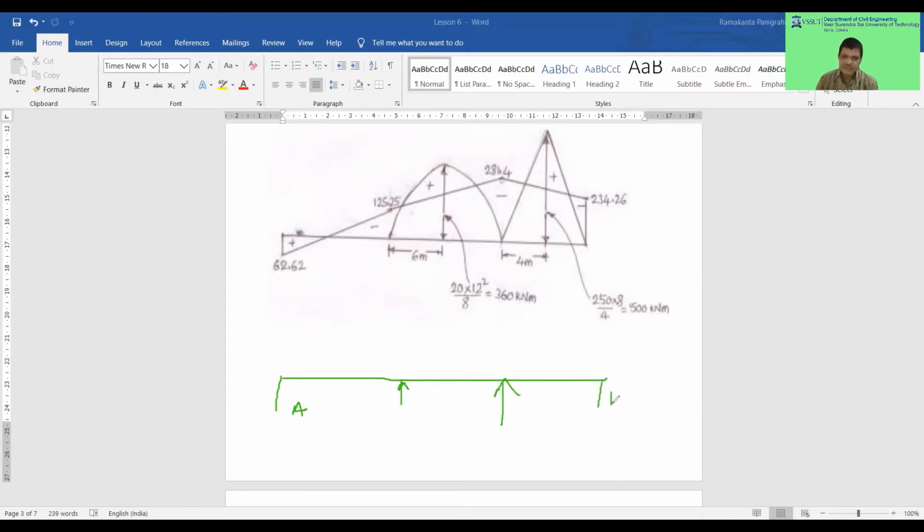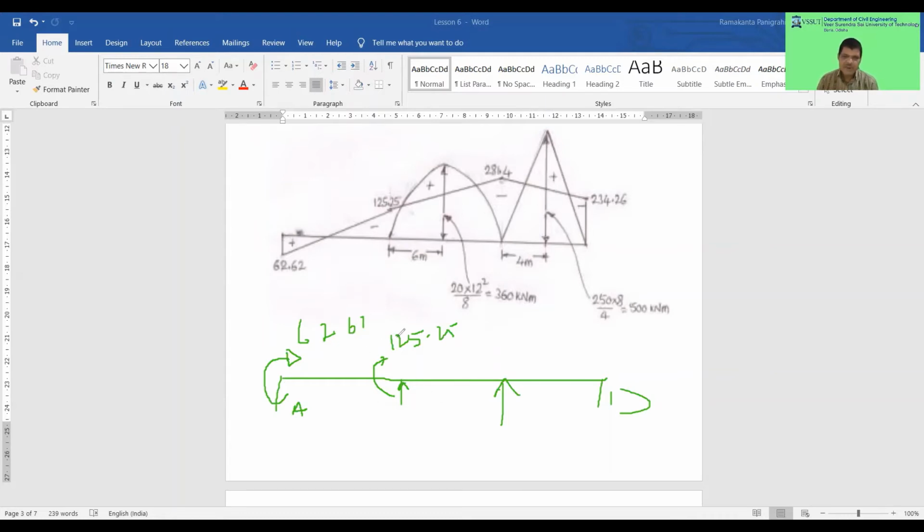What is the moment at A? The moment is 62.62, clockwise, positive. Here also the moment is 125.25, positive. At joint A, clockwise is positive, so you take it positive here because you have to superimpose; the positive moments are taken on one side and negative moments on the opposite side, so they can be combined in the diagram.